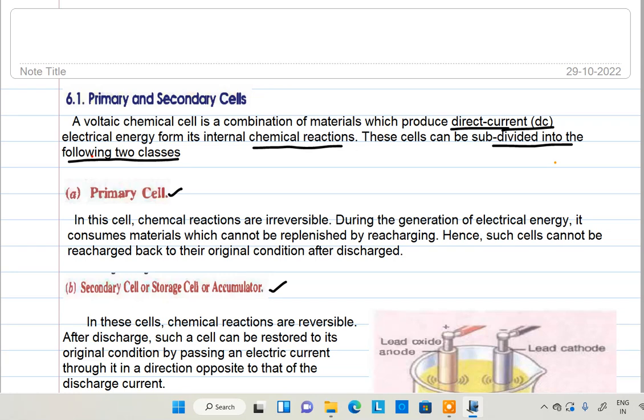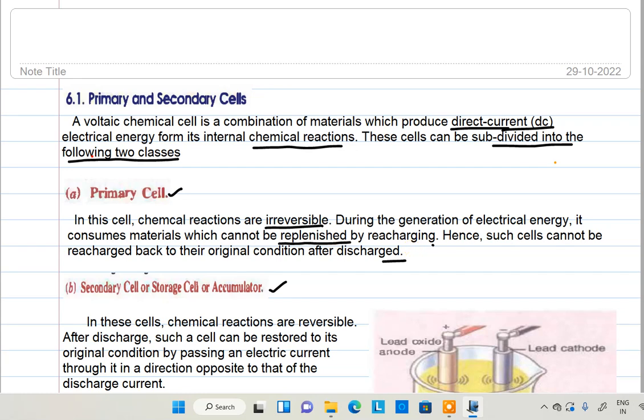There is no question of recharging. That type of cell is called a primary cell. In this cell, chemical reactions are irreversible. During the generation of electrical energy, it consumes material that cannot be replenished by recharging, and such cells cannot be recharged back to their original condition after discharge. Clear?